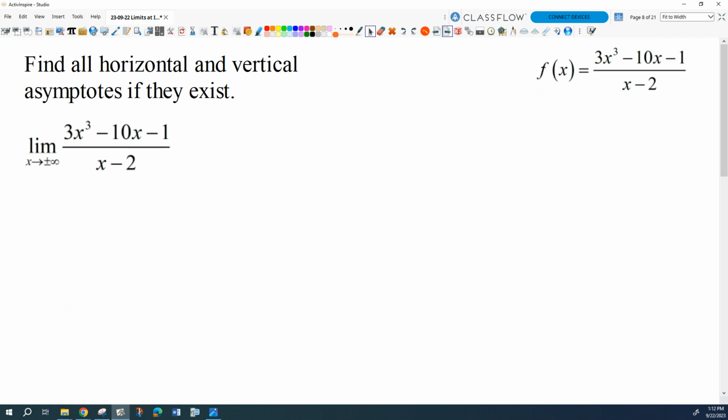Let's only look for asymptotes. Okay, let's find horizontal and vertical asymptotes. Let's start off with vertical asymptotes. How about? Okay. Are there any vertical asymptotes? What do you think?